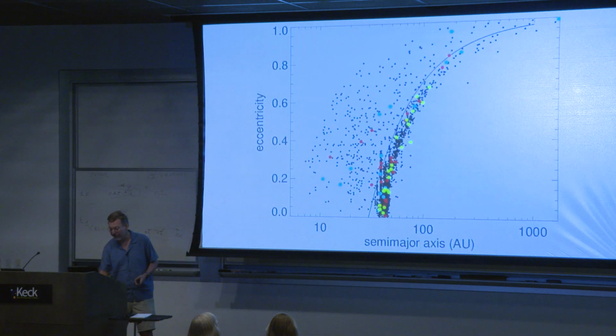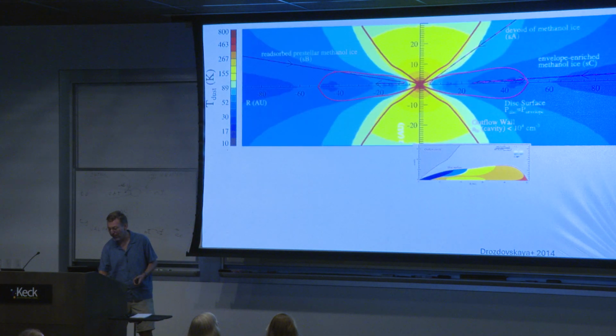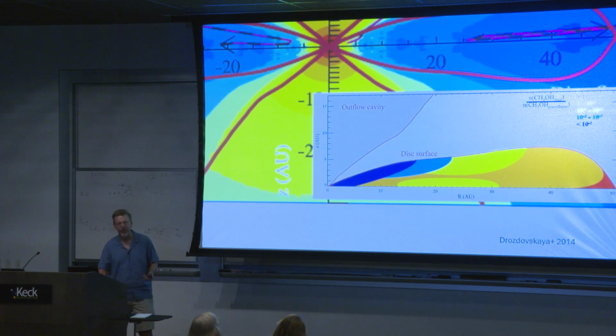So I have just a little time left, so I want to say a couple things. Well, I wanted to talk a little bit about methanol. The methanol objects are weird, and I don't really know exactly what they're telling us, if it's some kind of snow line or if it's methanol coming in. There are nice models that try to tell you where methanol comes into a planetary system, and they come in through different methods.